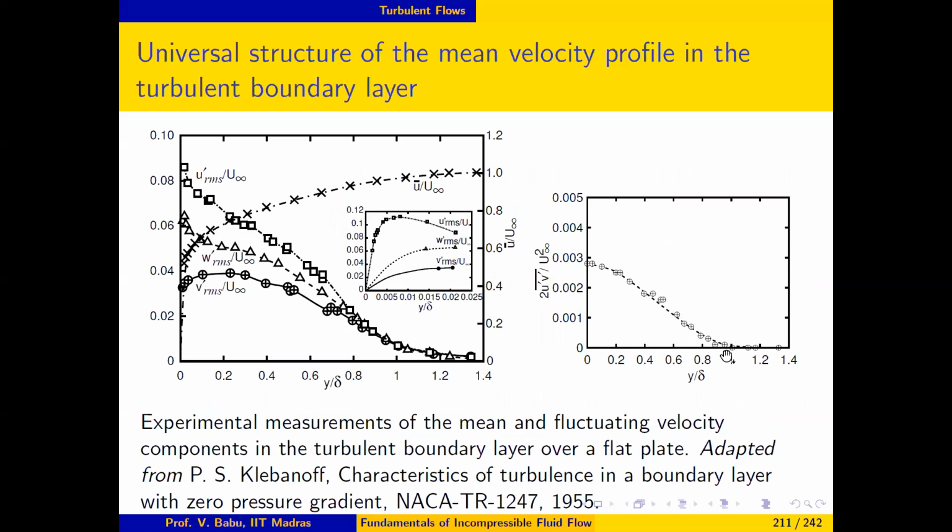So the fluctuations are considerable in the entire boundary layer and persist for perhaps a short distance outside the boundary layer in this case. This may not be true in all cases, but it is true in this particular case.